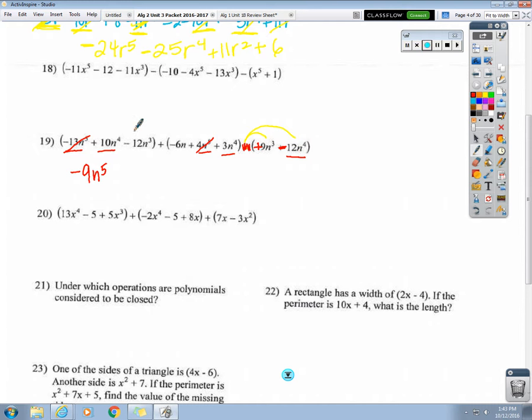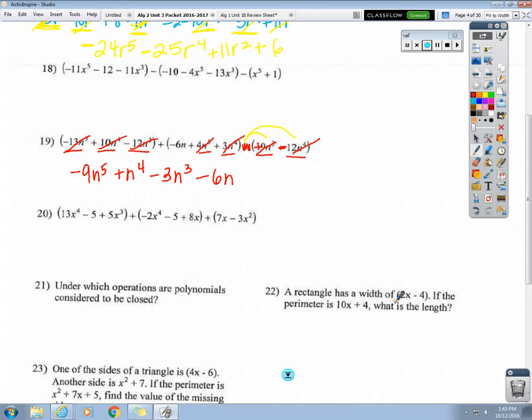So 10 plus 3 is 13, but 13 minus 12 is, so 1 n to the fourth, so plus n to the fourth. Okay, then we have negative 12 n cubed and positive 9 n cubed, which is a negative 3 n cubed. And then all we're left with is this negative 6 n, and is it in standard form?